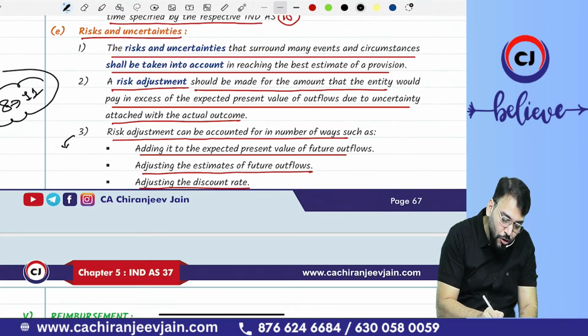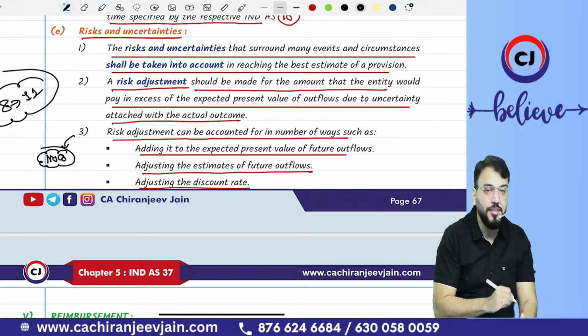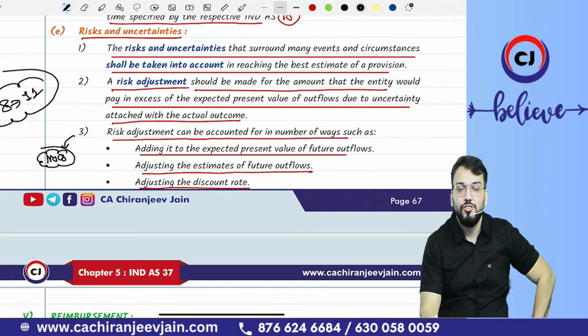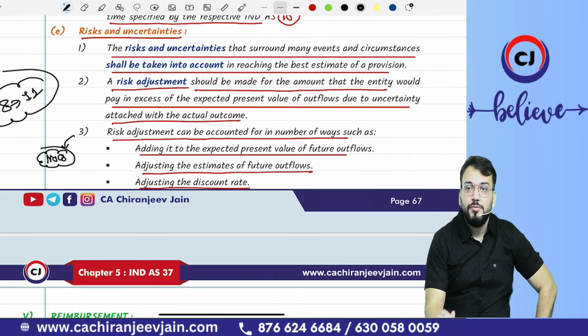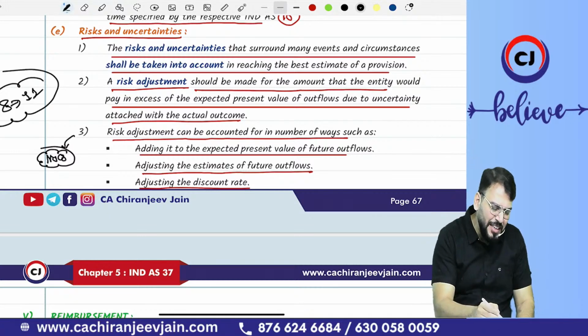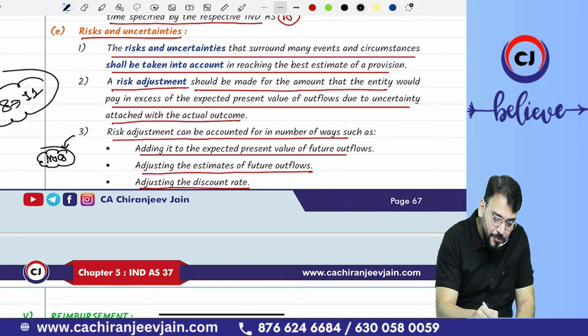Once again, no question in the ICAI study material. Correct? Have you understood? However, they have given one very simple question.